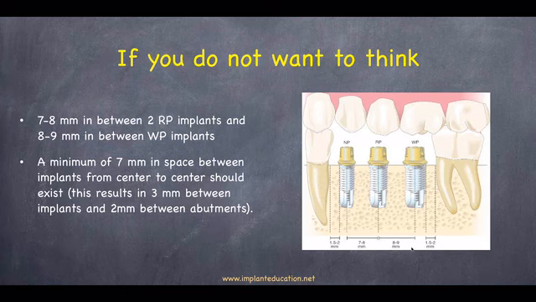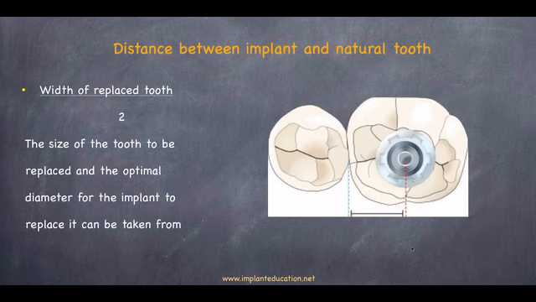All right, so now the distance between implant and natural tooth. That would be choice number 1, the width of the replaced tooth divided by 2. So for example, let's say number 14 is gone, and numbers 15 and 16 also are gone.